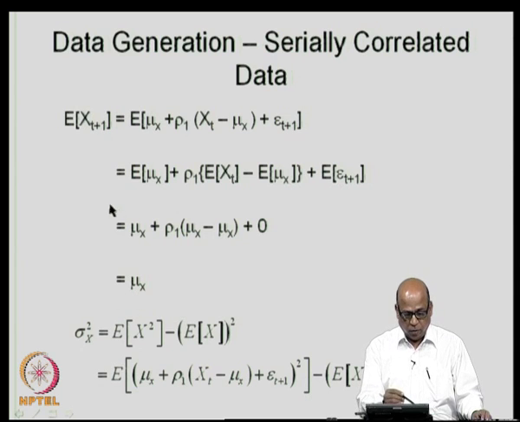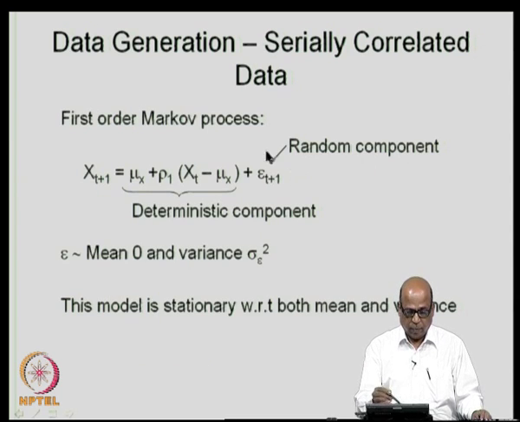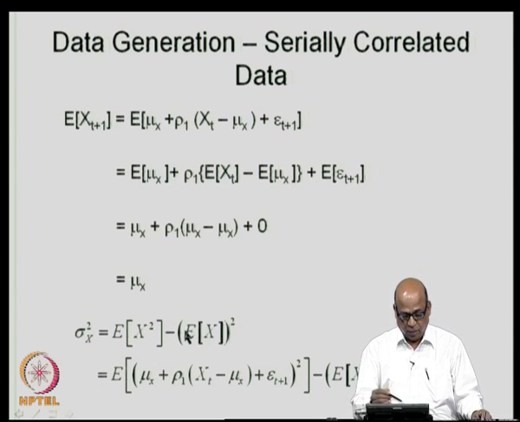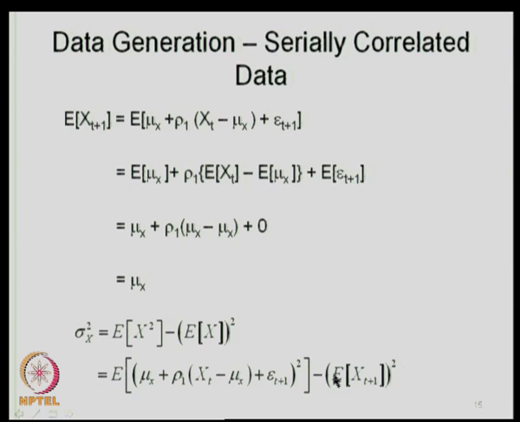Now, we also want to see what happens to the variance of x t plus 1. So, x t plus 1 as defined by this, let us look at the variance. So, variance is simply expected value of x square minus expected value of x the whole square. So, I will take expected value of x t plus 1 the whole square here minus expected value of x t plus 1 the whole square.